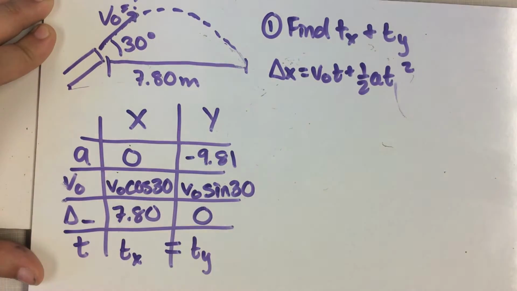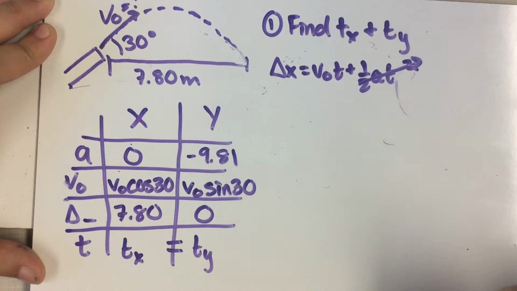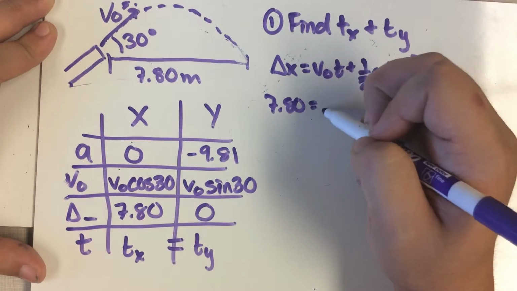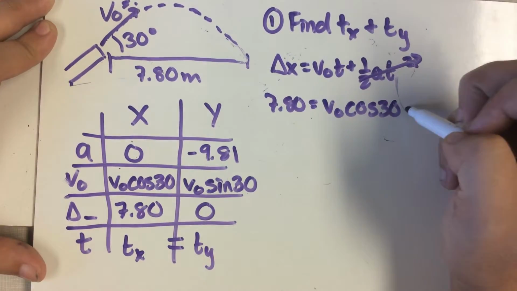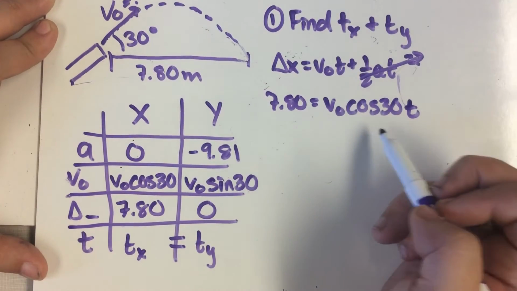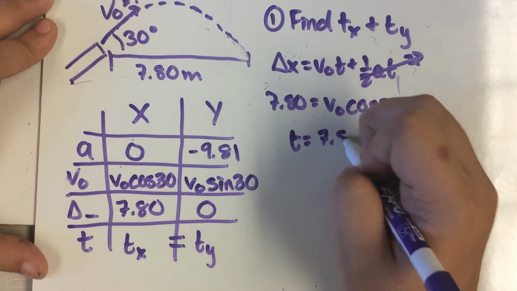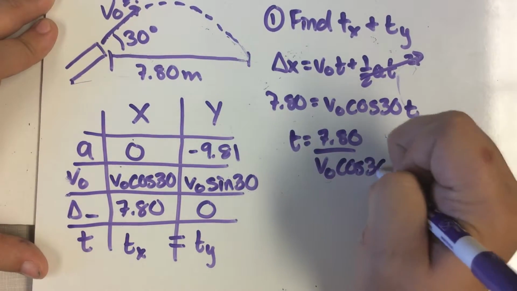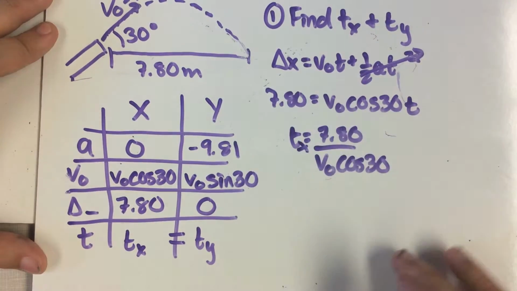Now I can simplify this because my acceleration is 0, so that just goes away. What I get is 7.8 equals v naught cosine 30 times t. Let's solve this for t. So t equals 7.8 over v naught cos 30. All right, so that's going to be tx.